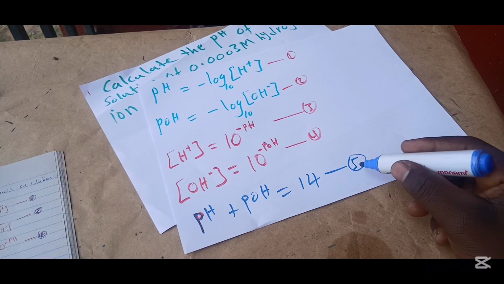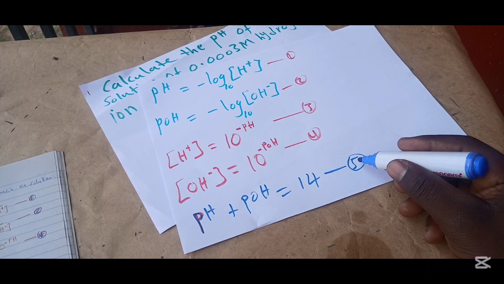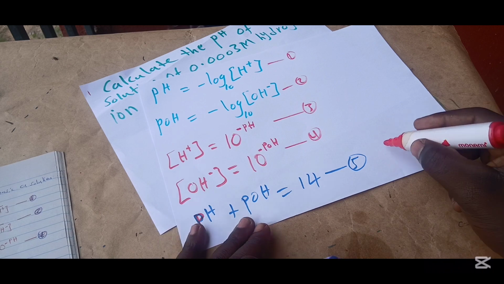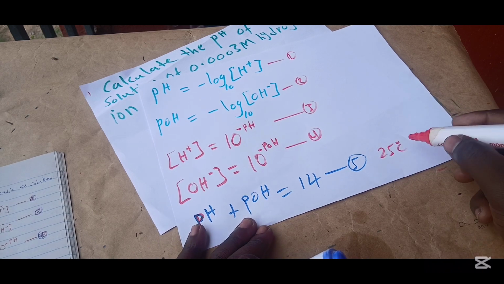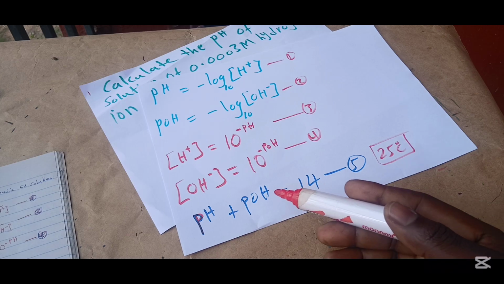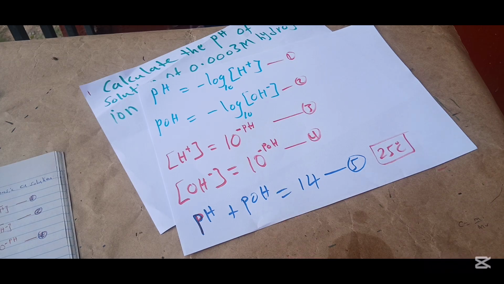And this formula holds at a temperature of 25 degrees Celsius. So if in the question 25 degrees Celsius is indicated, then it means you can apply this formula. But generally, you can apply this formula.